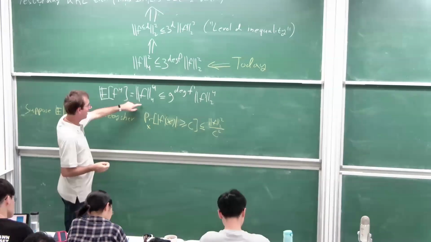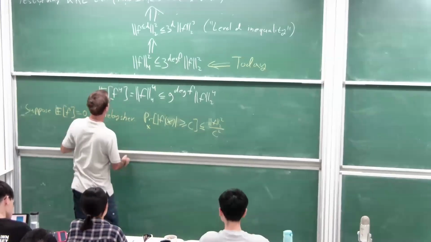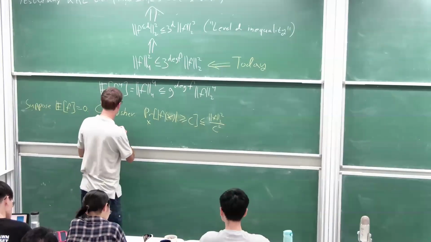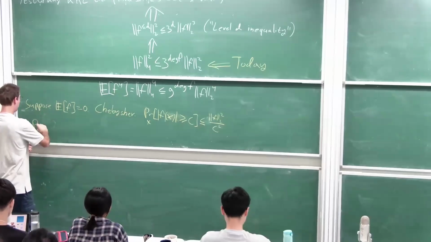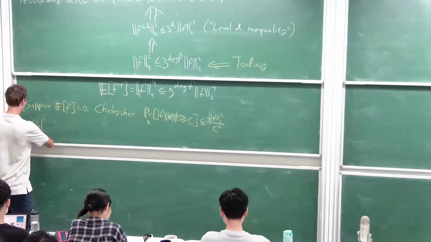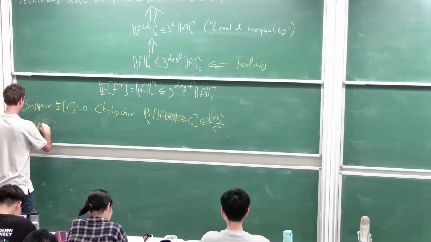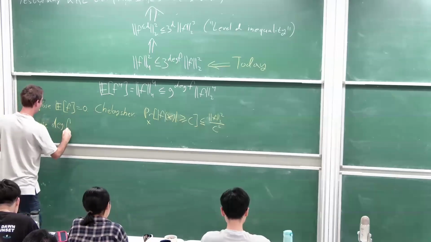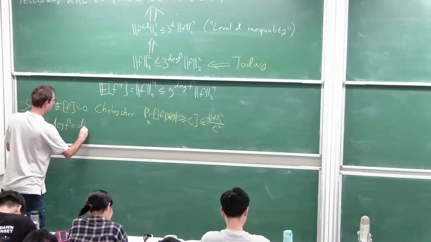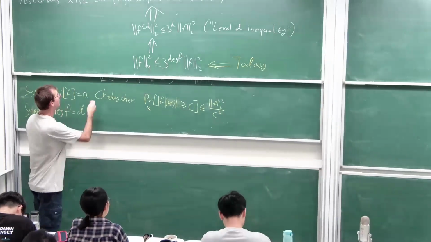And now let's see how to use this to improve on Chebyshev's inequality. Suppose f has degree d, and we think of d as a constant or something small.